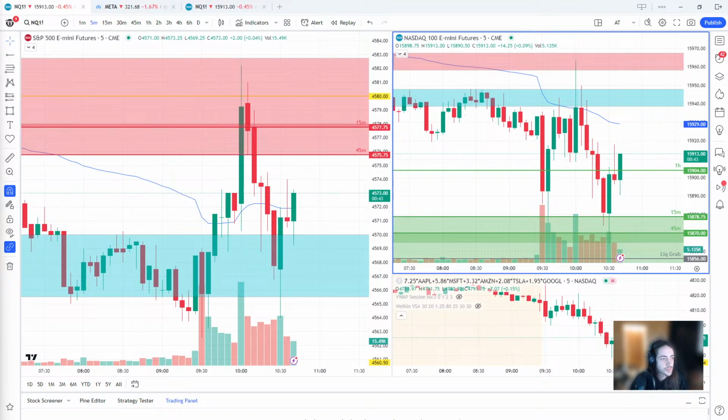Oh, yeah, there we go. It's a pop right there. I'm waiting. I'm not exiting up here. Not reversing up here either. That'd be crazy. I'm waiting.